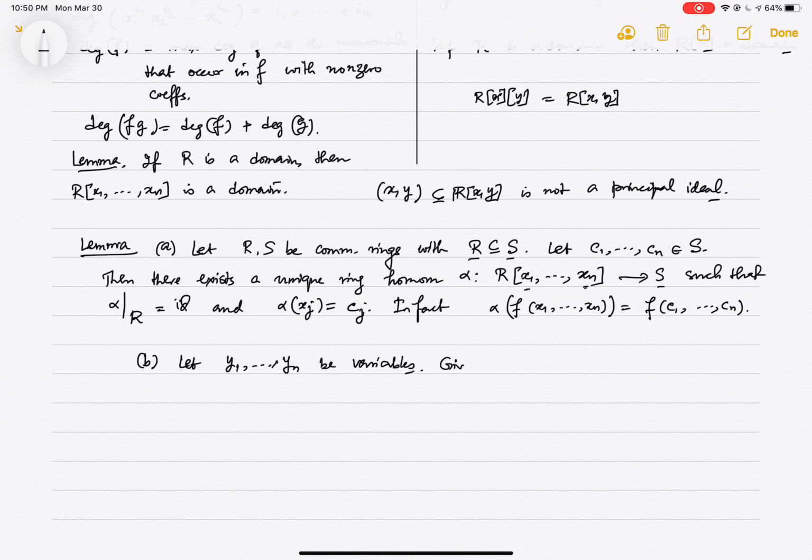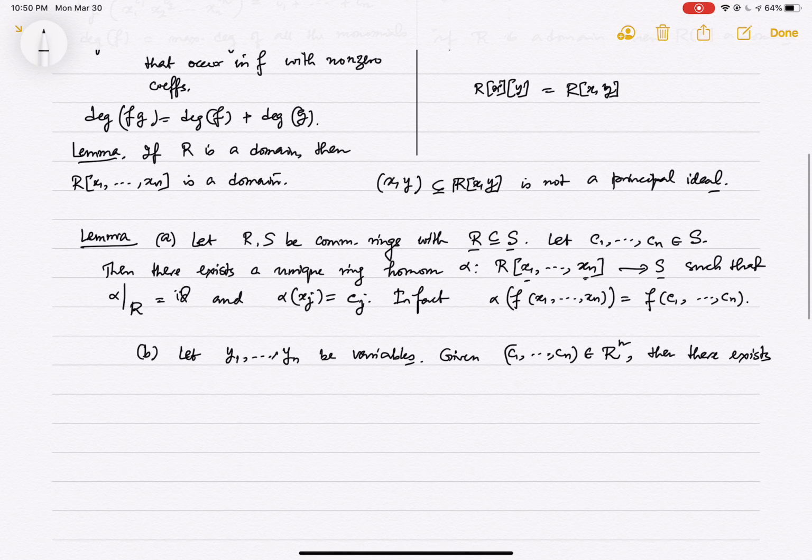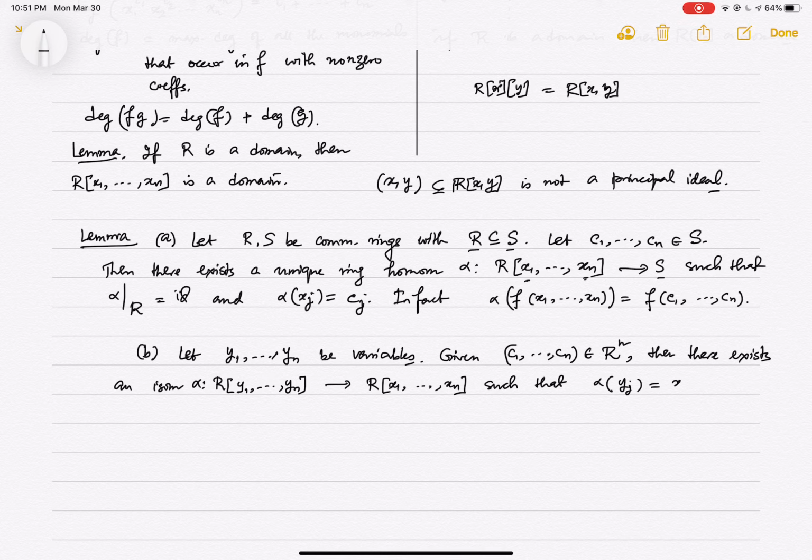And let's give ourselves a bunch of elements c1, ..., cn in R. Then there exists a ring isomorphism from R[y1,...,yn] to R[x1,...,xn], call it alpha again, such that alpha of yj is xj minus cj.